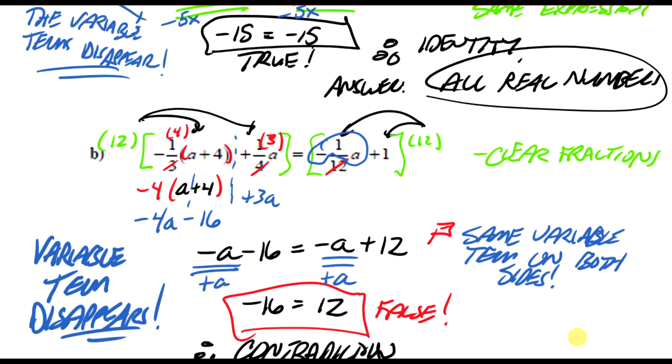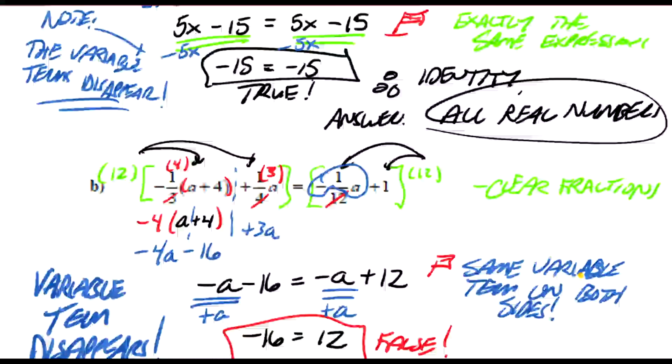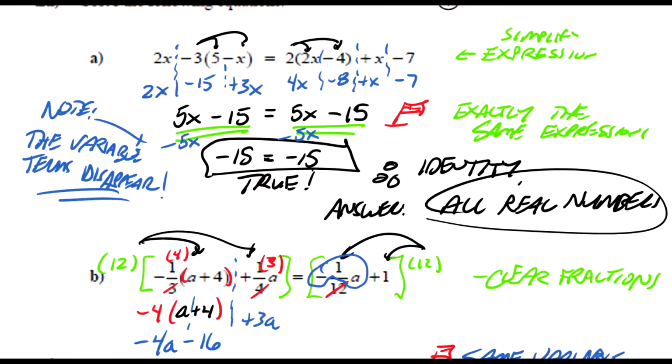Okay? If we ended up with an identity where the expressions ended up to be exactly the same and we end up with a true equation, the algebra gives us that the answer is all real numbers. X can equal all real numbers. So these are the other possibilities you might come across when you're solving equations, right? When I solve an equation, I get an answer.